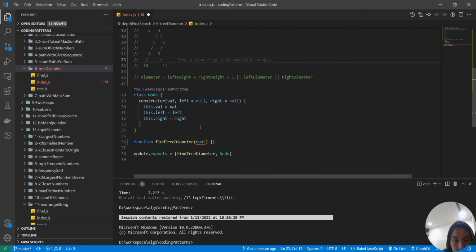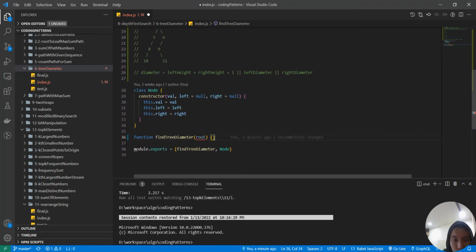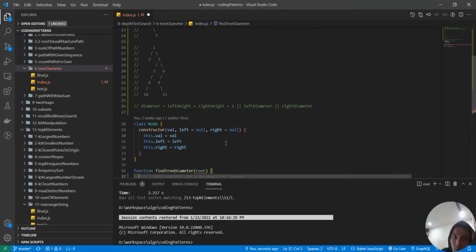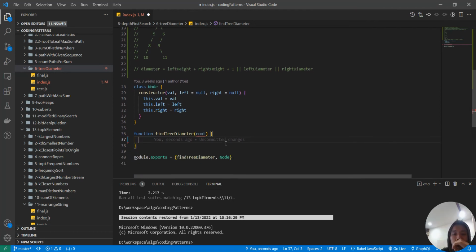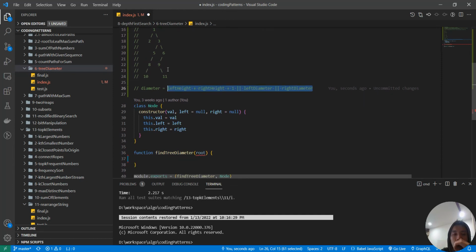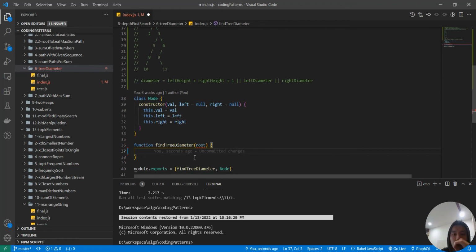Okay, so let's code it down. Here is a formula to find the diameter of the root node.